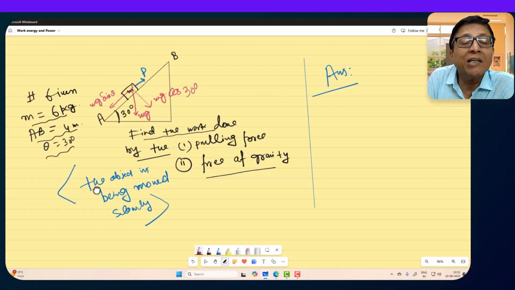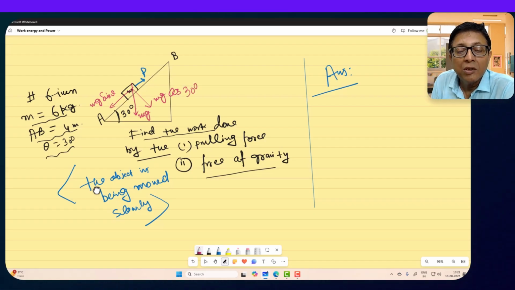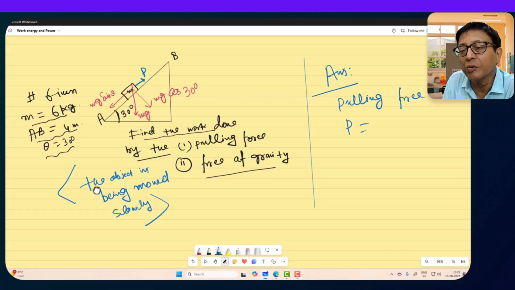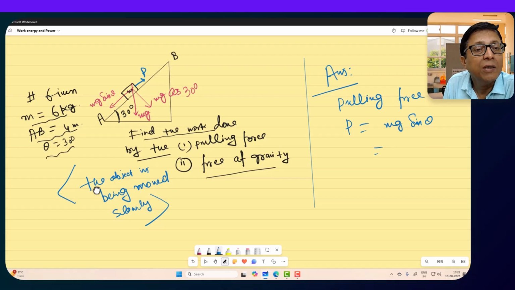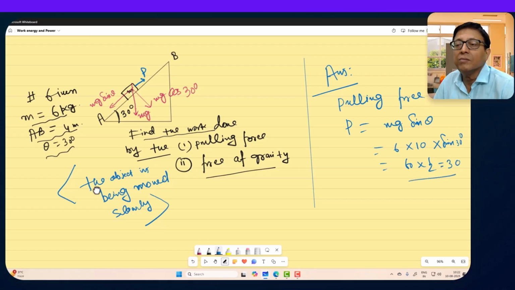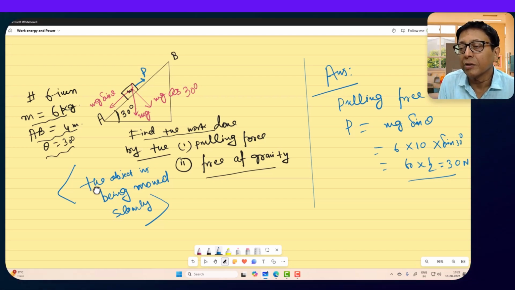And you are moving the object slowly. So doesn't this imply that, without acceleration you are moving, pulling force P must be equal to mg sin theta, that is 6 into 10 into sin 30. So this is going to be 60 into half, that is 30 only. So pulling force P equal to 30 Newton.